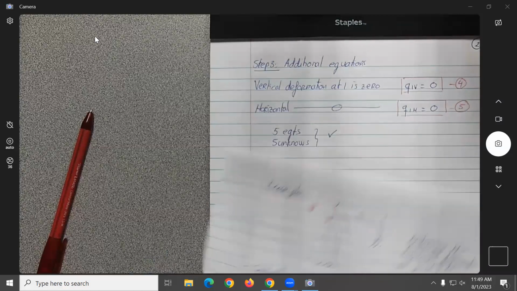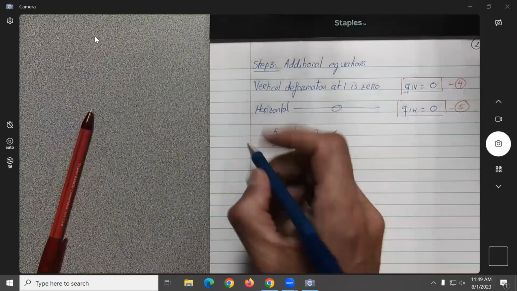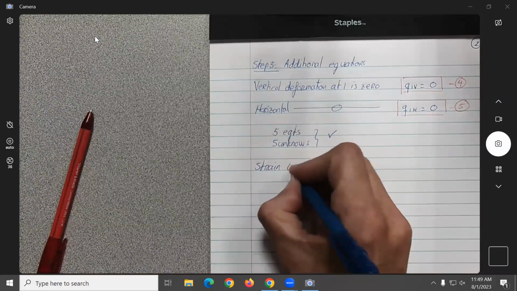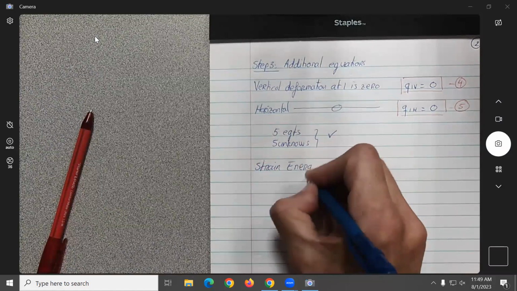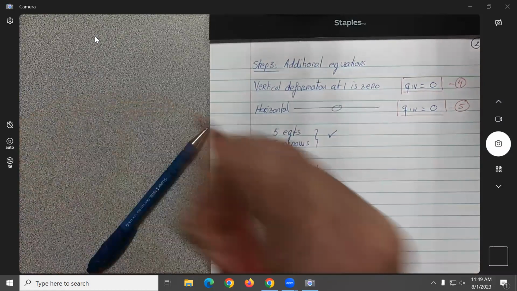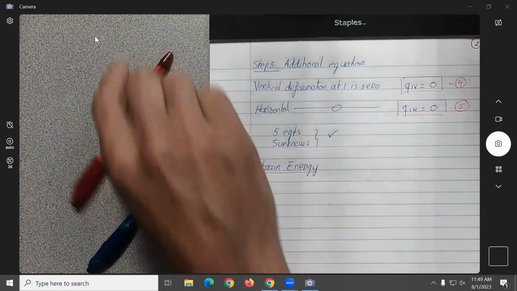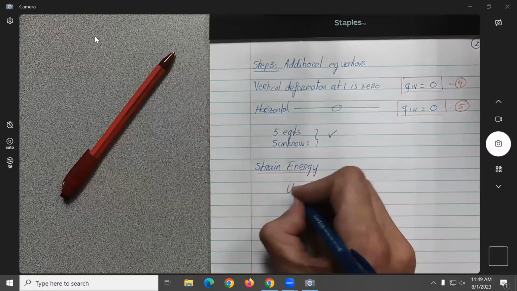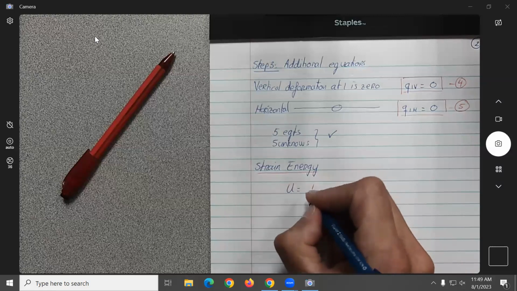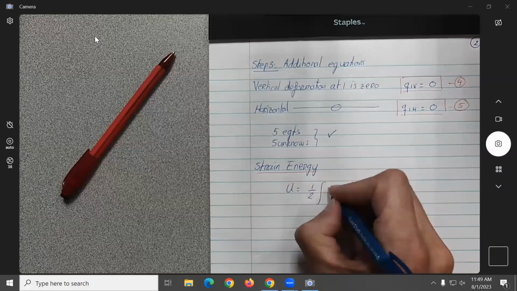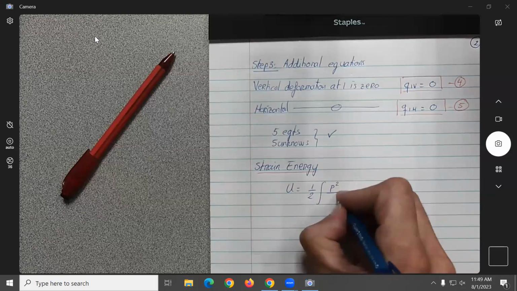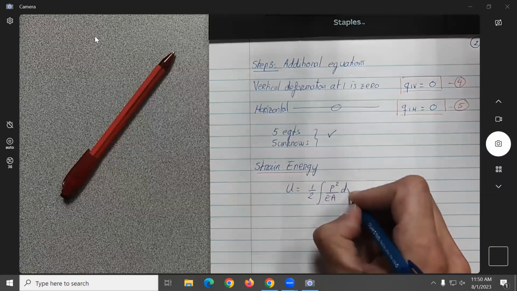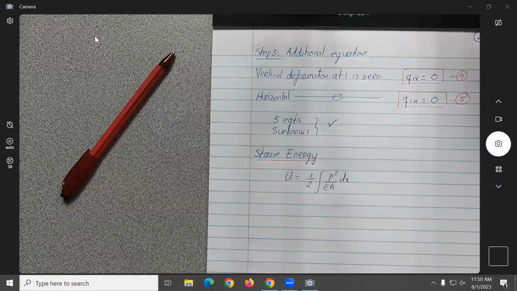So if we look at the strain energy of our system, we'll have some strain energy due to axial that we said was equal to P squared over EA, whatever, I call it DX, but it could be DS, okay, but it could be DY as well.